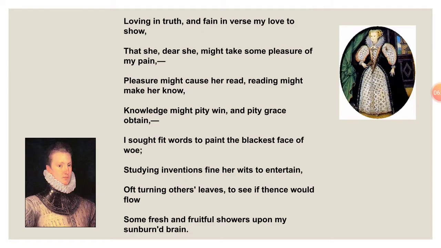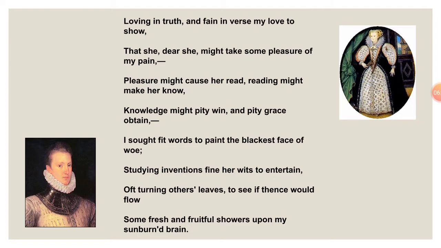So the poet is desirous of capturing each and every essence of his love in verse. So here he wants to write a poem of love, write about the feelings and emotions that he is currently feeling for his beloved.